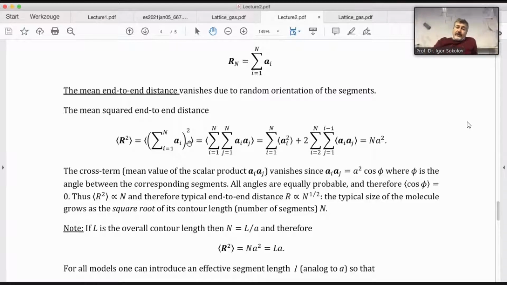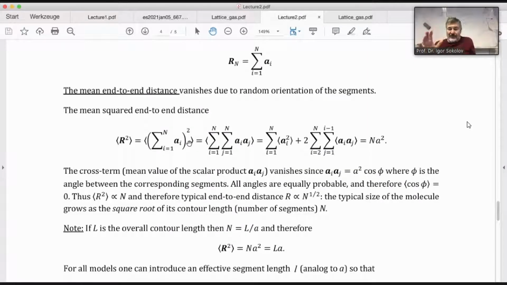Now what I do is a trick, and this is a standard trick which we will reuse 10 minutes later in the integral representation.